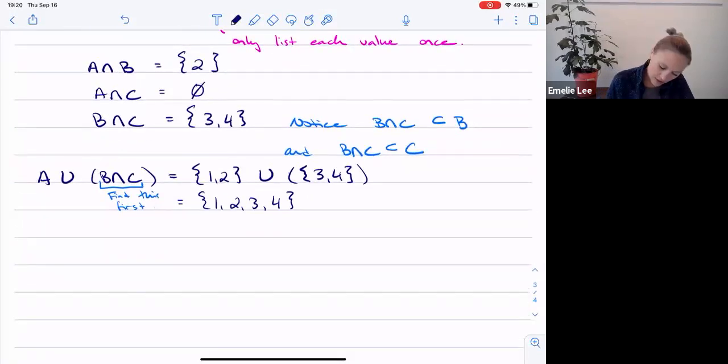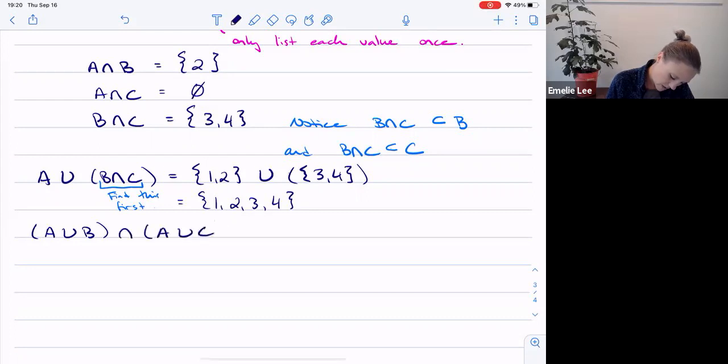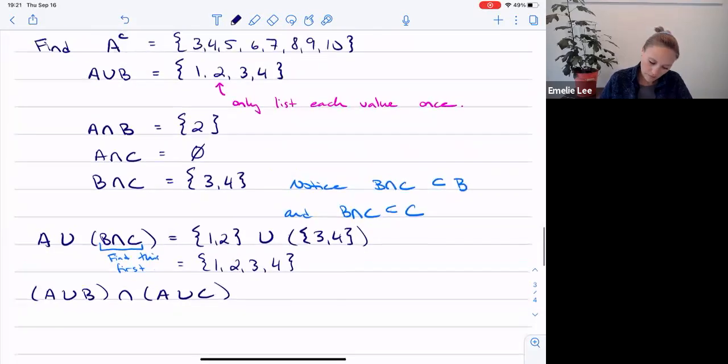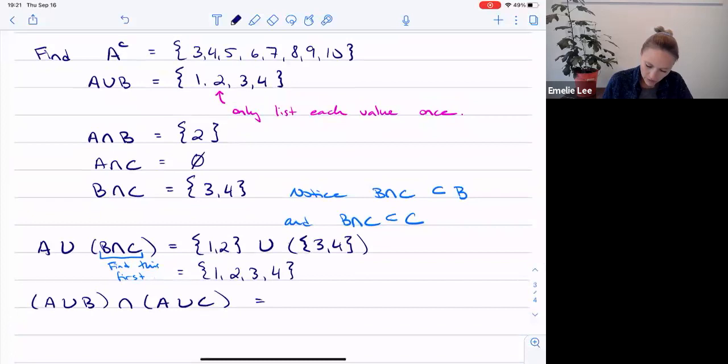How about even harder? What if we have to find A or B, and A or C. We have A or B already.